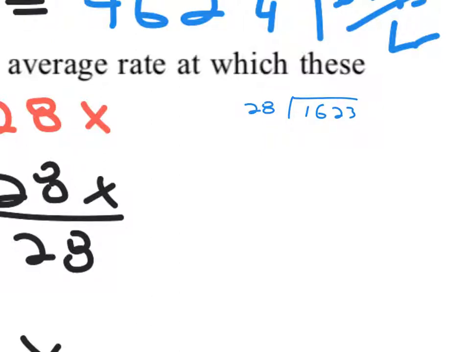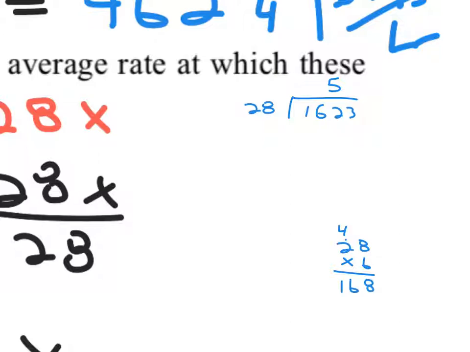So what is 28 times 6? 48. Carry the 4. 6 times 2 is 12. Plus 4 is 16. 168. Oh, that's too big. So I need to do 5. Because I don't have 168 here, I only have 162.